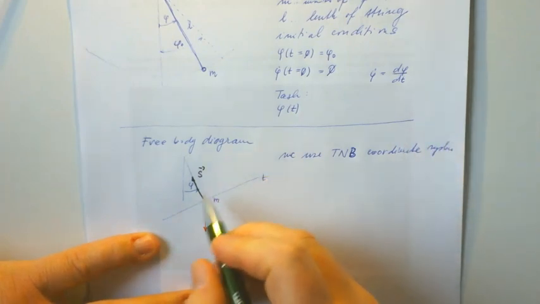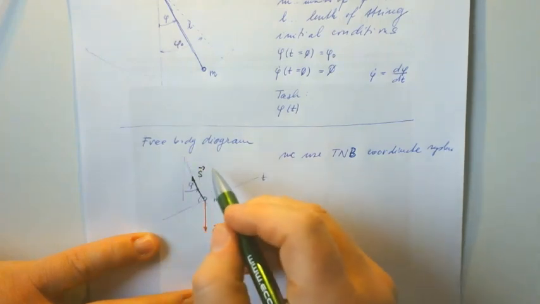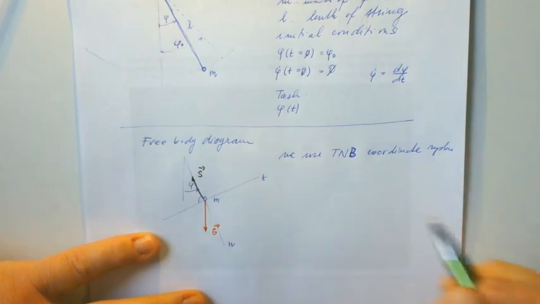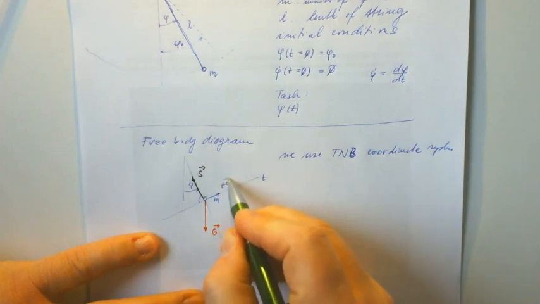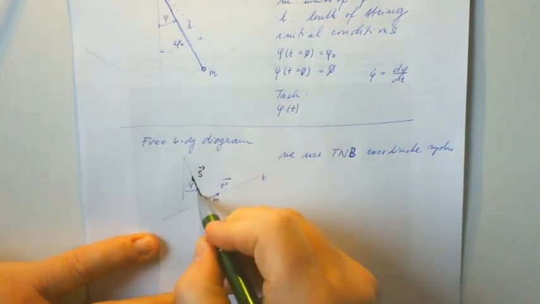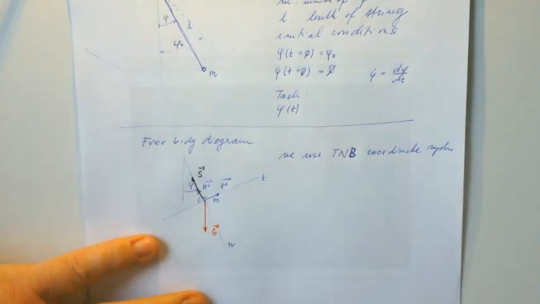So there is T, and perpendicularly to this there is normal line. So I can draw unit vectors, base vectors t0 and n0 like this.